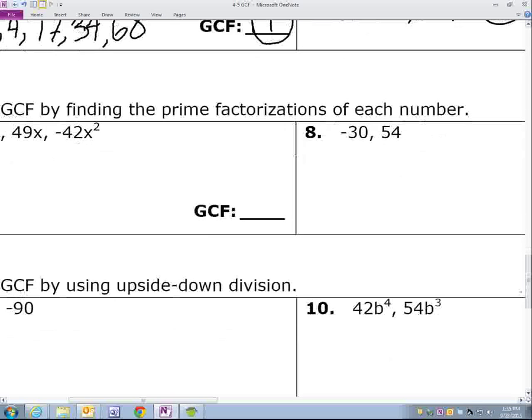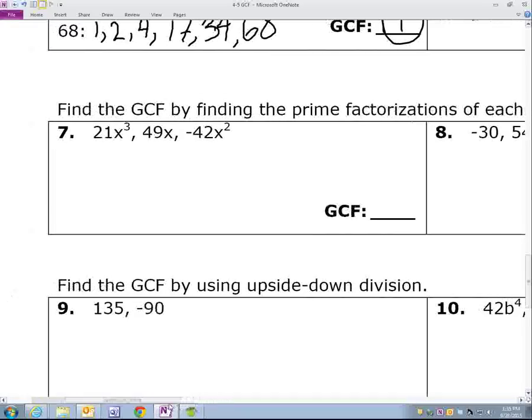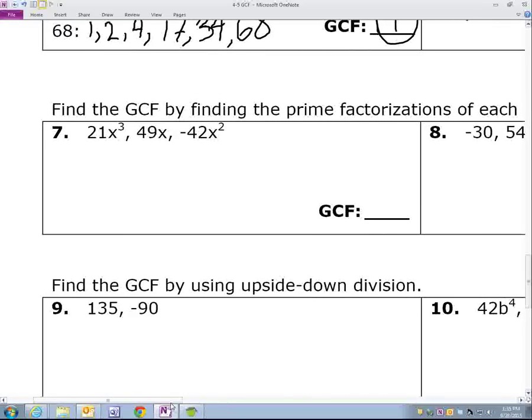Now we're going to do the prime factorization method of these. So I'm going to split these three out. Let's see. Here we go. So I know that there's going to be x, x, x down here. So it's that one.